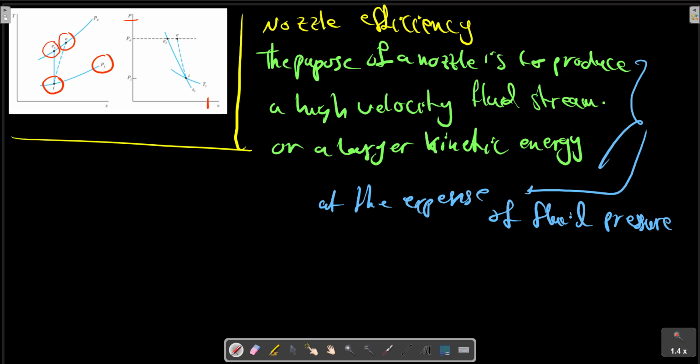The design variables are the same as for turbines, Pi, Ti, and Pe, and A as the cross-sectional area of the nozzle.